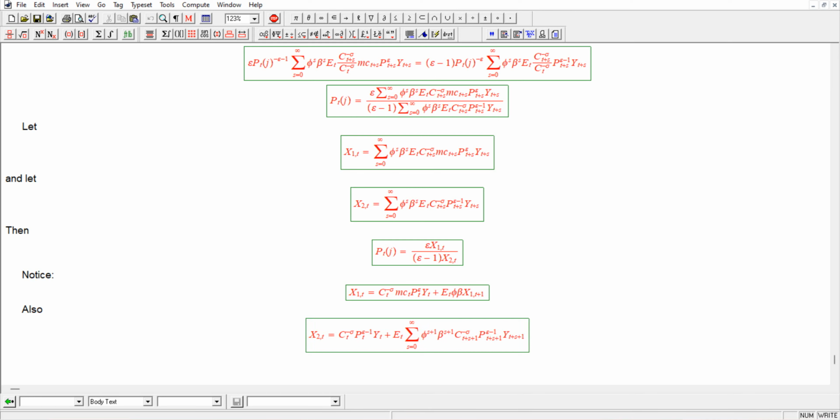And then dividing everything by phi beta, and dividing inside, well, what is this? This is just x sub 2 tomorrow. So there you see the convenience of the whole Calvo pricing approach. We are finding that we can reduce tracking the firm's pricing decision to a small number of auxiliary variables.